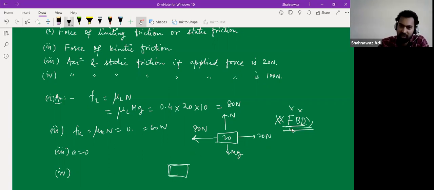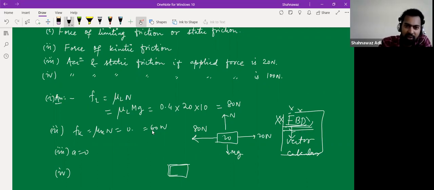This part, vectors and calculus, is all about 11th physics. So if you are prepared with this, then the mechanics and other parts of 11th class are covered, right? So this is 100 Newton, this is 80 Newton, right? This is N and this is mg. So the body will move, right?